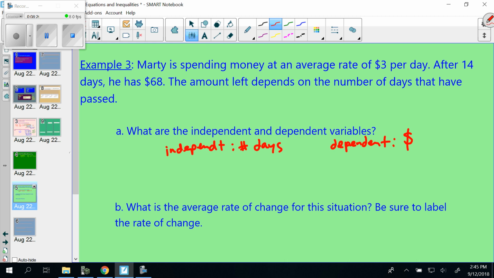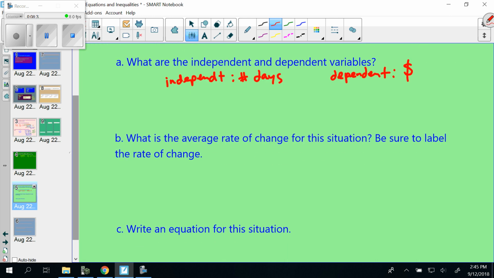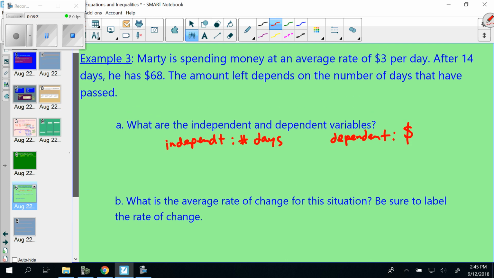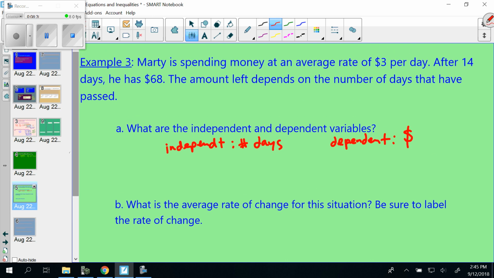So for part B, let's figure out the average rate of change for this situation. In the last couple of problems we've had to use a table or some information from the problem to get that. Here they actually tell us right in the problem: an average rate of $3 per day. Now we do have to look at the words.